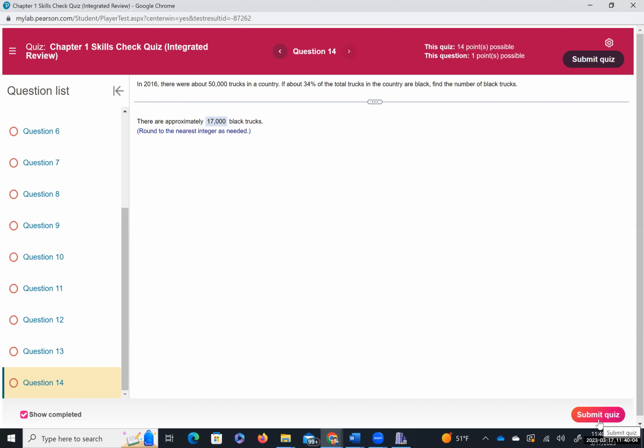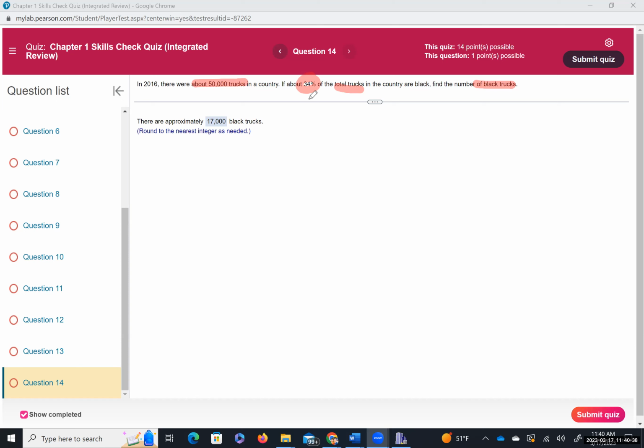Okay, the last column asks what they're given. They're given 50,000 trucks in a country, and 34% of the total trucks in the country are black. Find the number of black trucks.